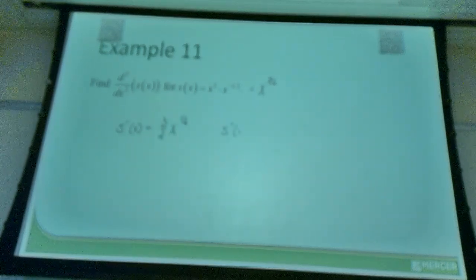Oh, yeah, S double prime. 3/4 x to the -1. Yeah, you don't want to simplify that part, David. There's your second derivative. And that took a whole of, what, 5 seconds? Yes.